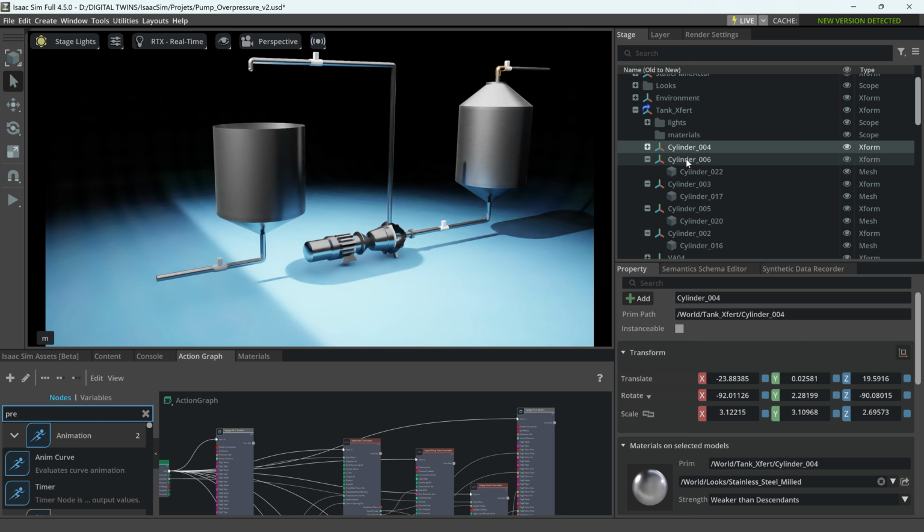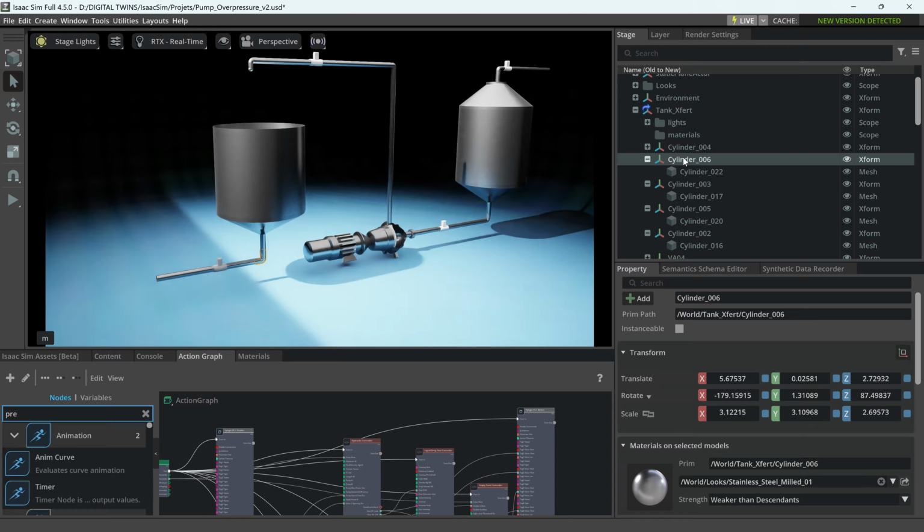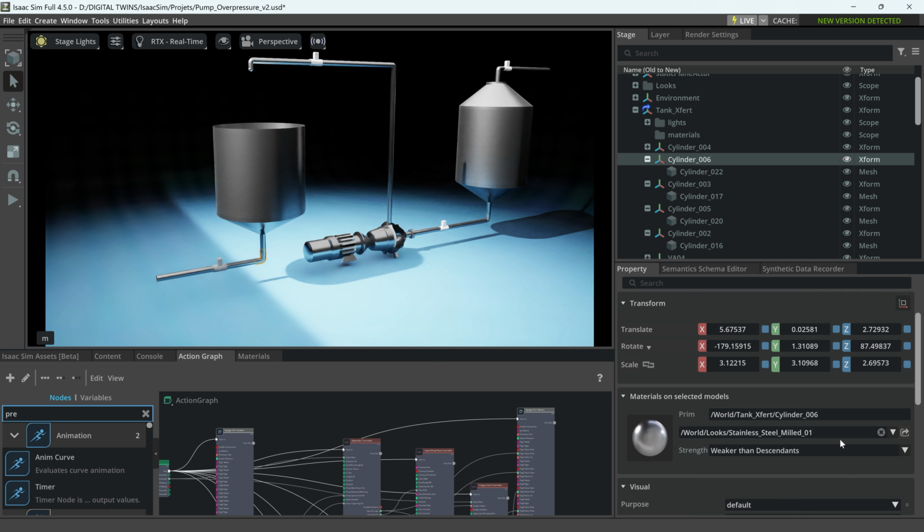The PLC exchanges data with the simulation through a Python interface built using the PyLogix library. This interface reads and writes PLC tags in real time, allowing the control system to interact directly with the physics model.